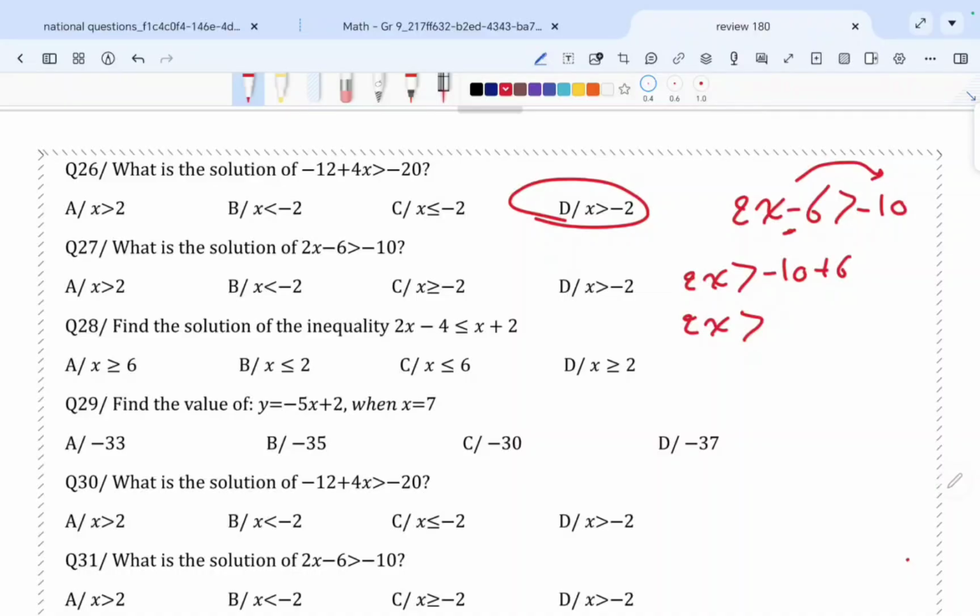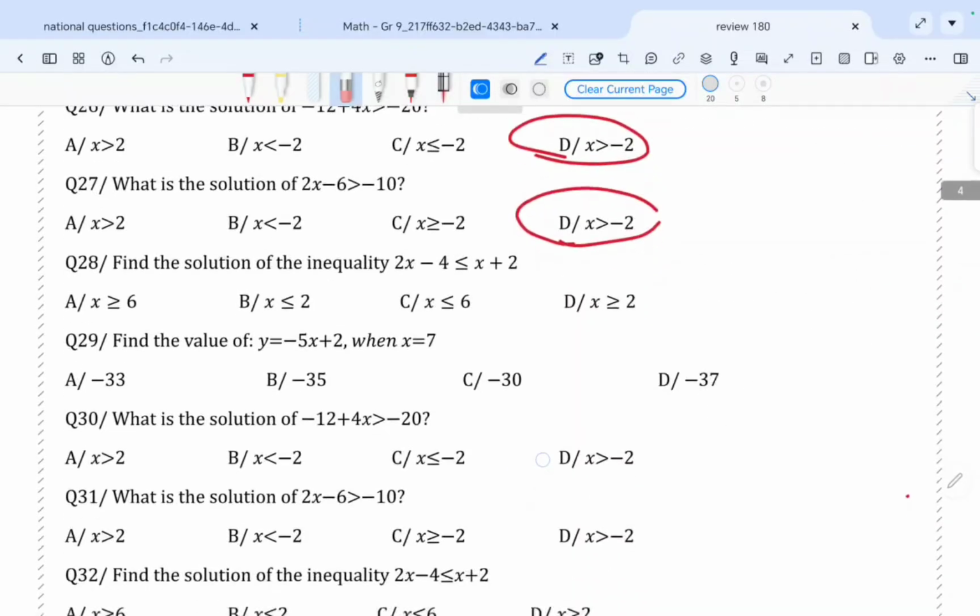Negative 10 plus 6 equals negative 4. Again, x must be alone, so divide by 2. Can I change the inequality sign? No. When you divide by a negative, then you can change the inequality sign. X is greater than negative 4 divided by 2, which is negative 2. Again, D is the correct one. X is greater than negative 2. Okay.